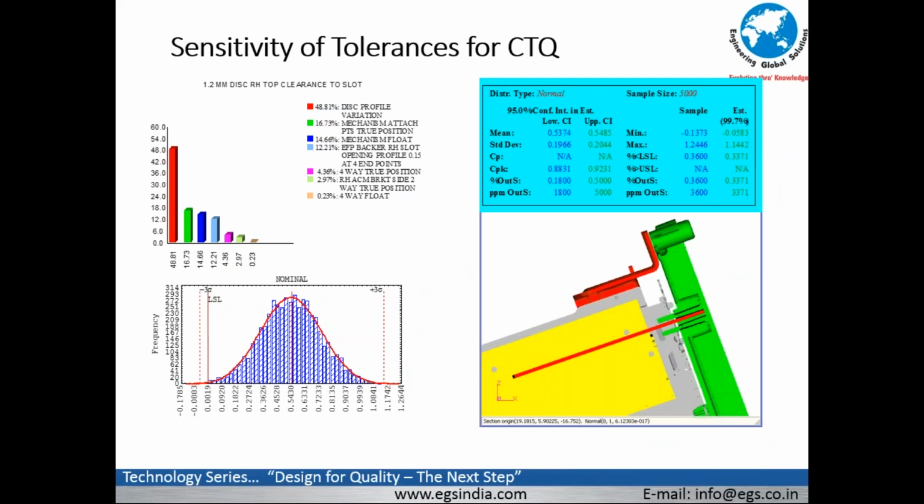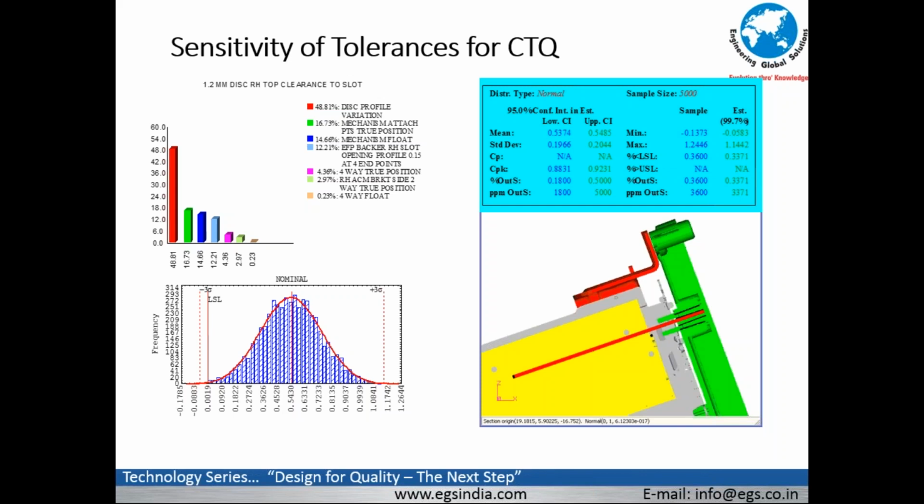So in essence, the sensitivity gives you the heads up information, as can be seen in the next slide, with regard to how those sensitivities are varying and how deviation from nominal would get affected, and what is the percentage contribution. For each and every one of the DFQ processes, we are able to enumerate and get the specification limits, so that manufacturing can set the control limit to get the maximum yield from the line.